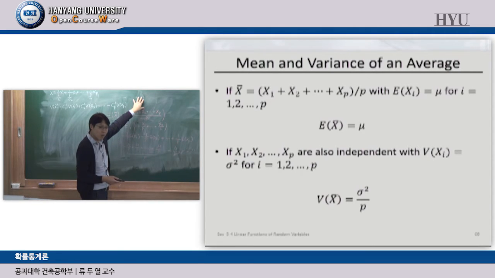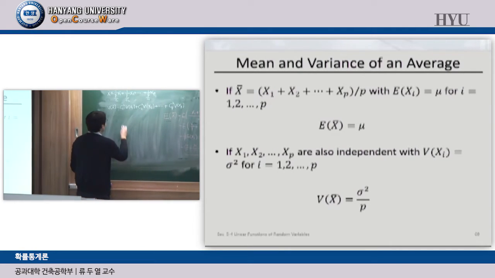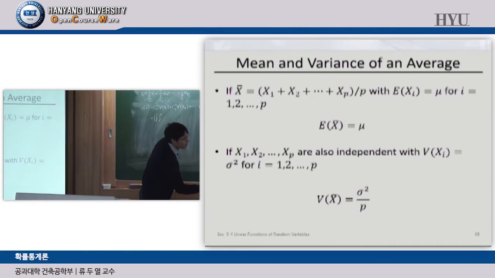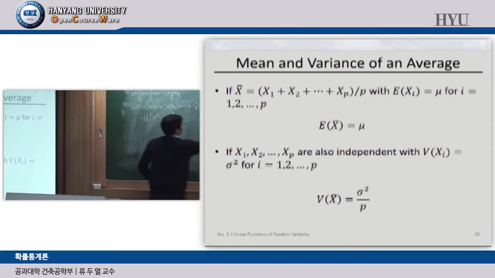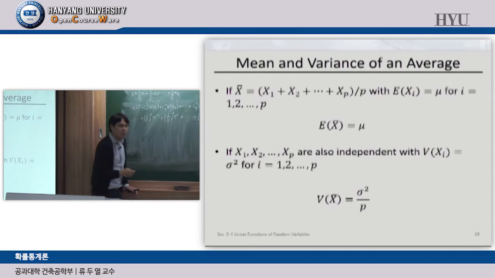Okay? 2 double summation cicj covariance of xi xj should be equal to 0. So this is equal to 1 over p square times V(xi), which is sigma square, right? Times sigma square plus 1 over p square times sigma square. Okay? Plus 1 over p square times sigma square. Okay?